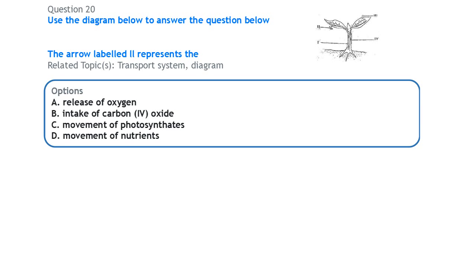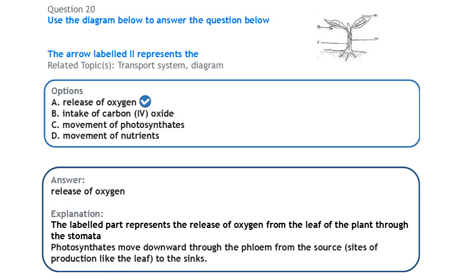This represents the movement of water or dissolved minerals from the root to the shoot, and this is movement along the xylem, the conductive tissue that carries water and dissolved minerals, while the I here is the movement down from the shoot down to the roots, and this will usually be the movement of photosynthates, that is the food manufactured from photosynthesis, from the shoot down to other parts of the plant.